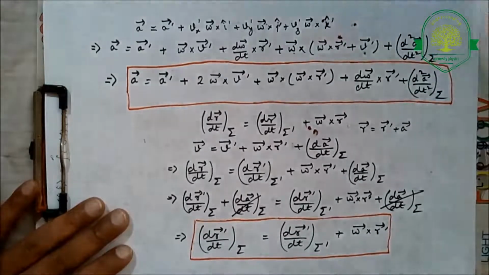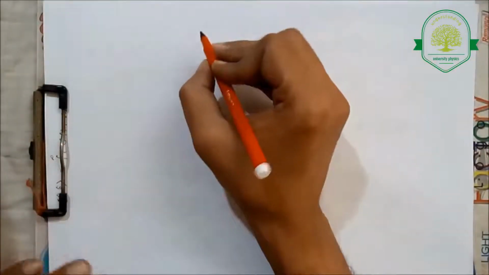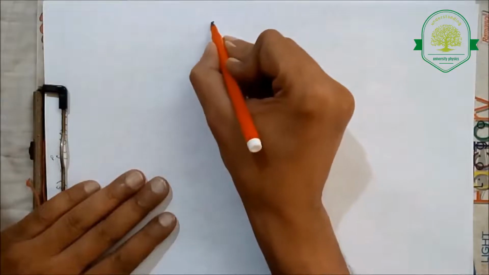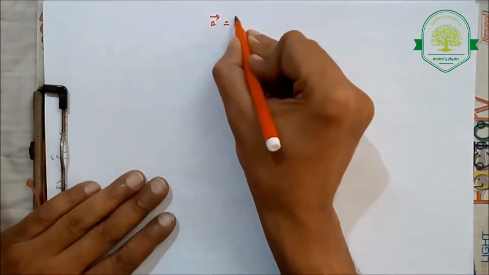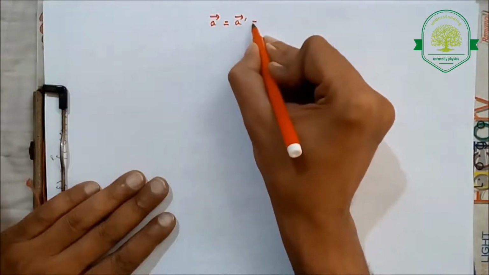If you are not convinced, you can prove that this equation is true for any vector. Let's say that I have a vector A and its representation in the primed frame of reference.